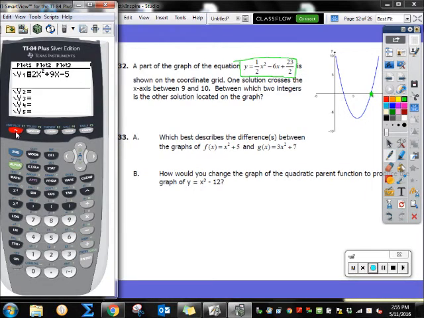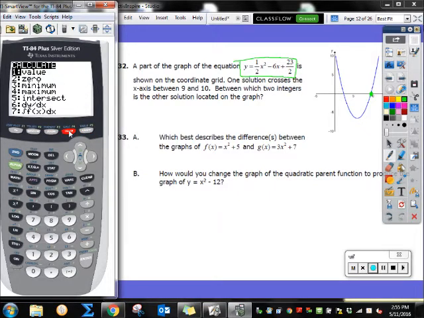So plug that into y equals 1/2 x squared minus 6x plus 23 over 2. Press graph. So now we have that exact same picture over here, and 1, 2, 3. So I can tell it's between 2 and 3. I'm going to go through the process of actually finding it just for practice.